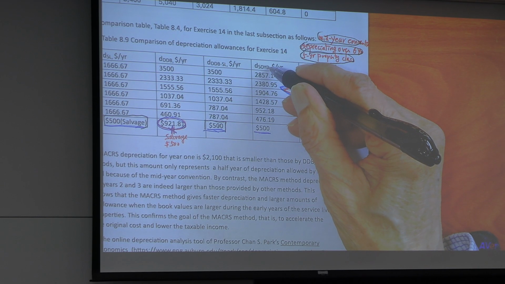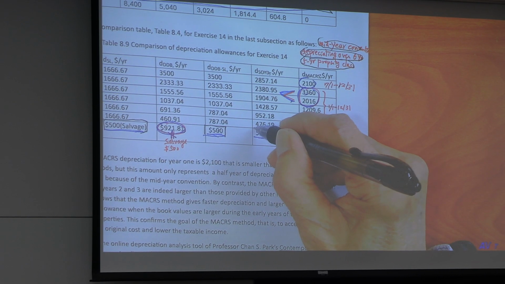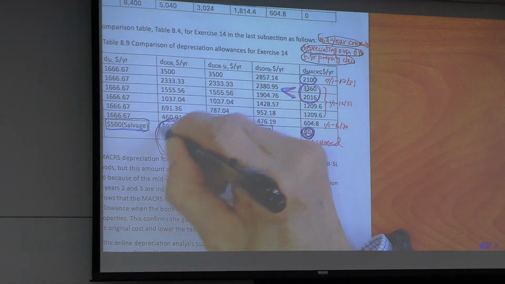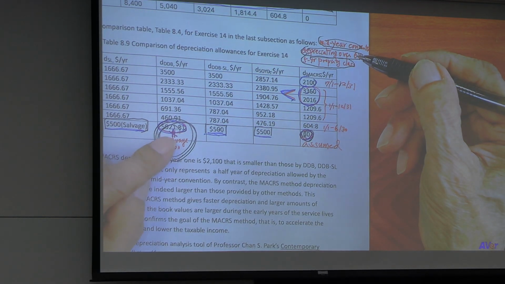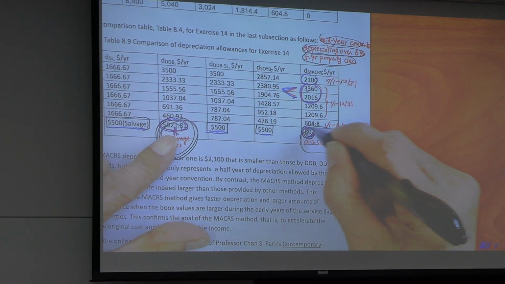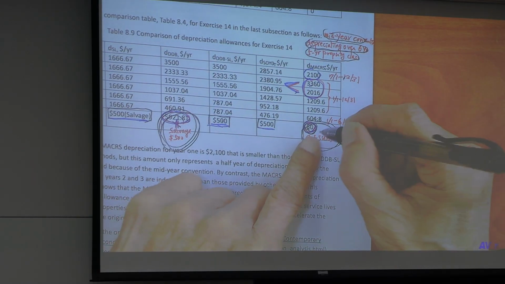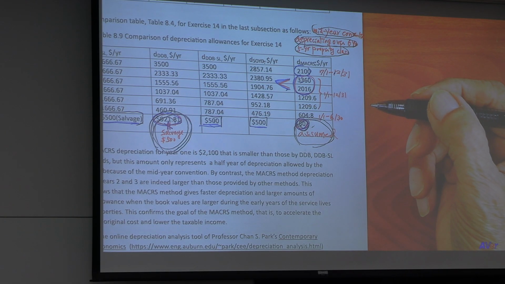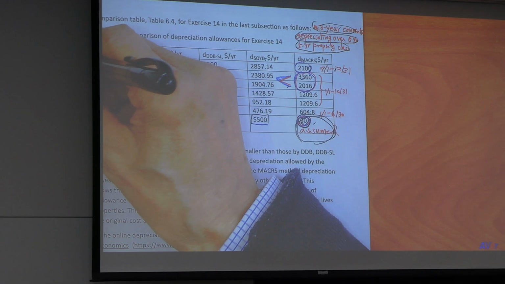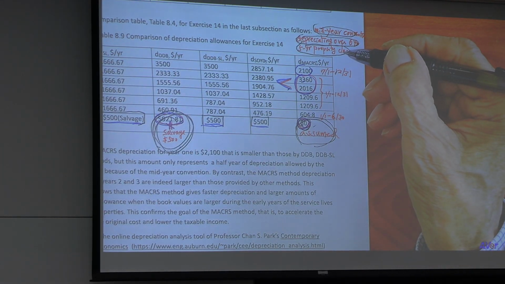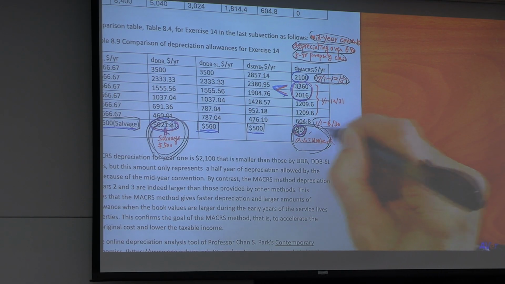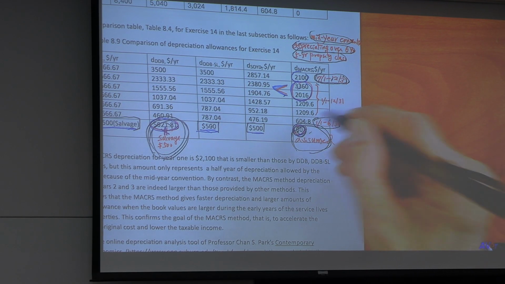SOYD, sum of the year digits, 500. So double declining balance is the only one that doesn't get the salvage. ACRS also gets the value at 0. Computer is 5-year property class, depreciation over 6 years, 1 to 6. Year 1 is only half a year. Year 6, half a year. In the middle, 4 years.